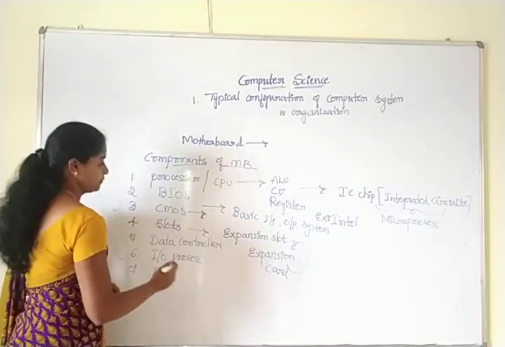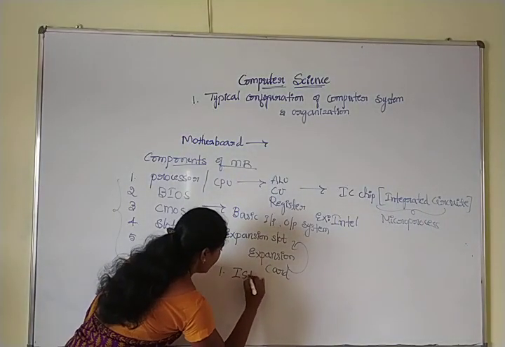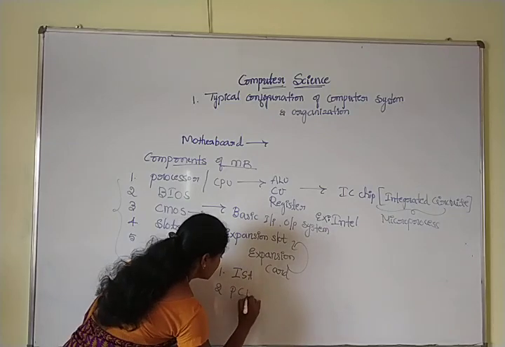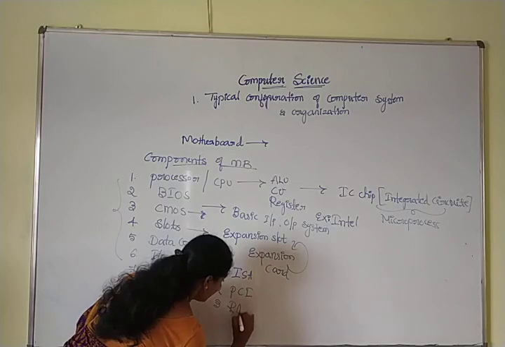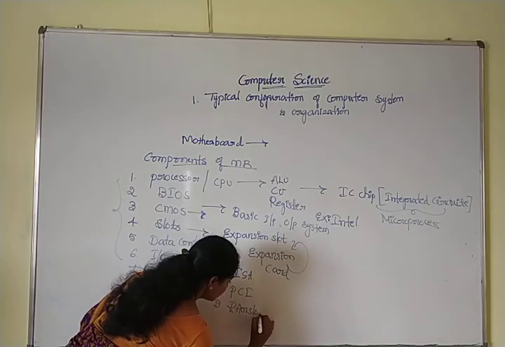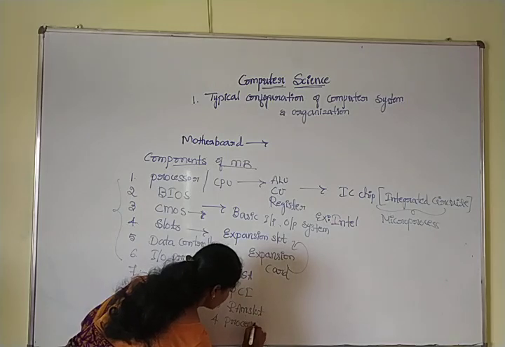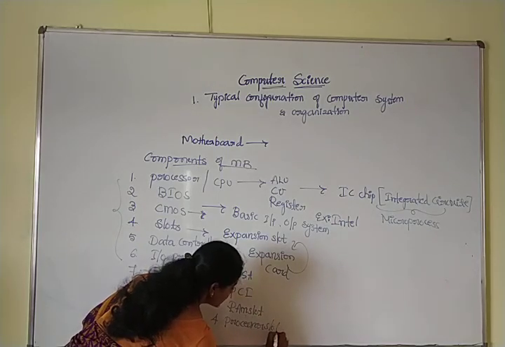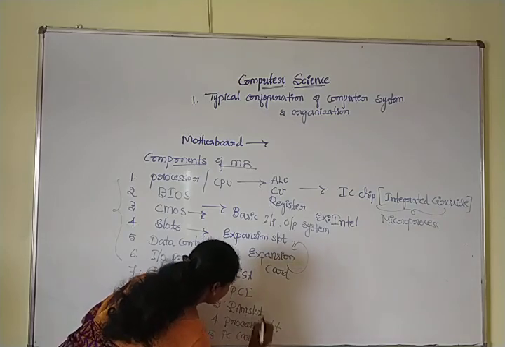They are: one is ISA, the second one is PCI, the third one is RAM slot, the fourth one is processor slot, the fifth one is PC card.